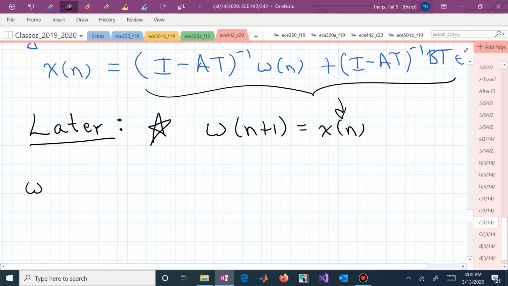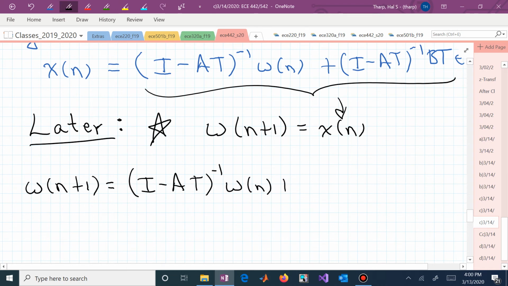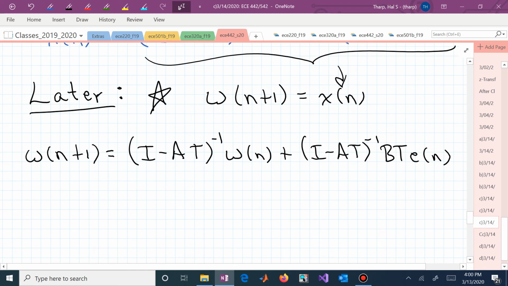Or w of n plus 1 is now equal to little x of n, but little x of n is (I minus AT) inverse w of n plus (I minus AT) inverse BT e of n. And that's actually what we were looking for.